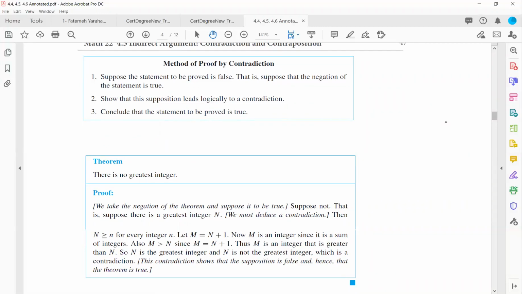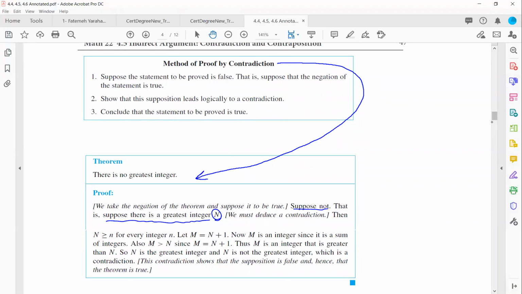Let us use proof by contradiction and prove this theorem. Start with suppose not, the negation of this statement: there is a greatest integer n.